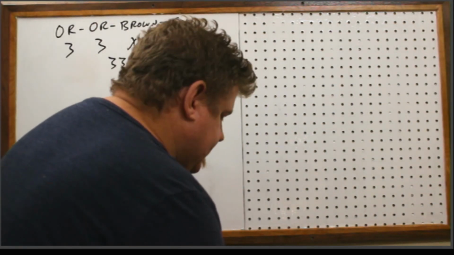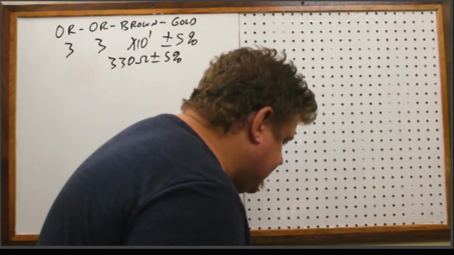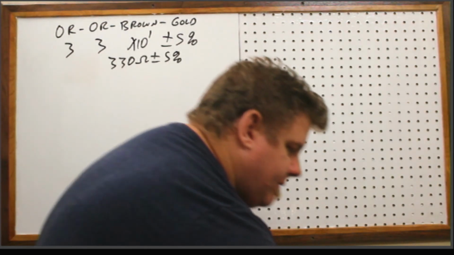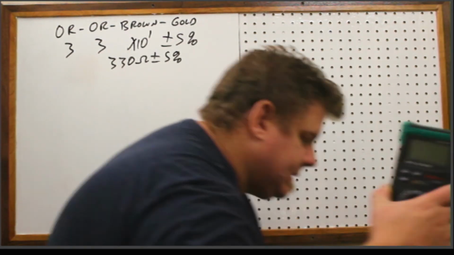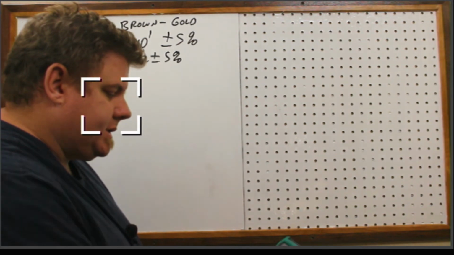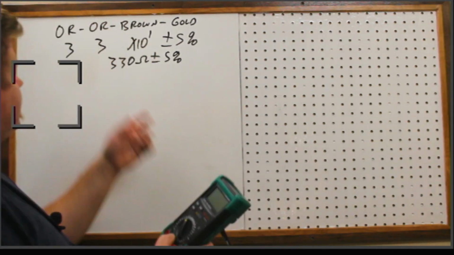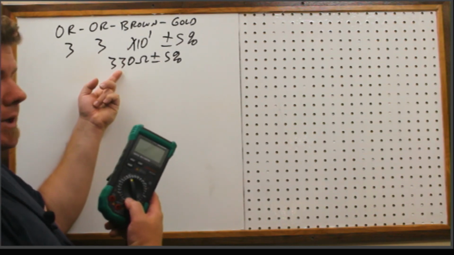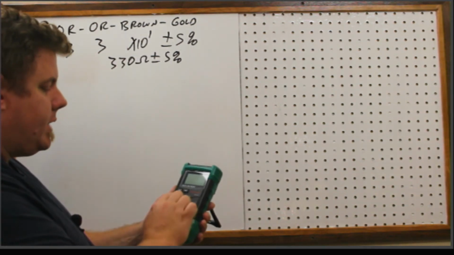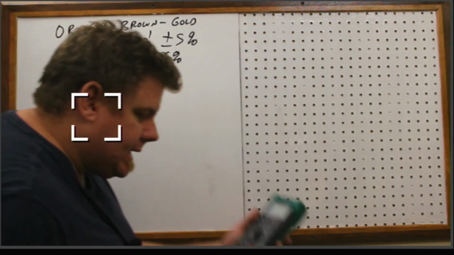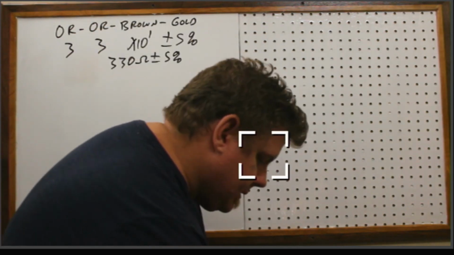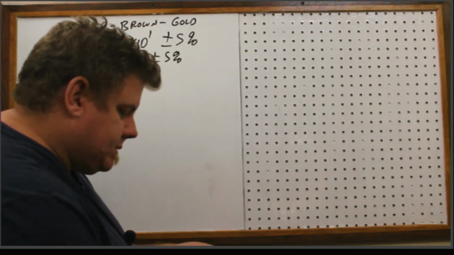Now I'm doing this off camera, but if you want to know how to do a resistance measurement, watch the resistance measurement video. At least in this part right here, I'm just going to measure it. And for this measurement, because it's above 200 ohms on my meter, I'm going to use the 2K ohm range to get the best resolution. So I'm only going to get 3 digits here, but that's okay. Okay, so this is my orange, brown.